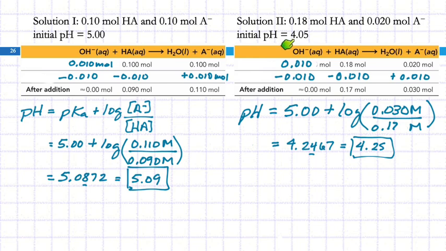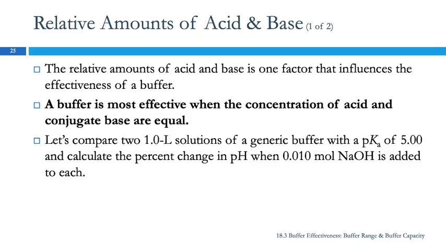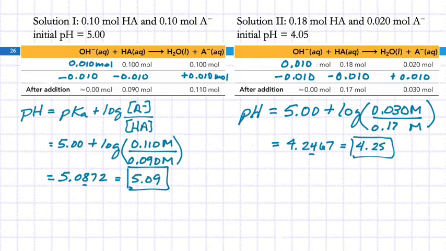The initial pH was 4.05. Adding hydroxide, we expect the pH to go up, and it does. So this one increased from 5 to 5.09, right? So I think it was asking, I forget. Yeah, it's asking for the percent change.